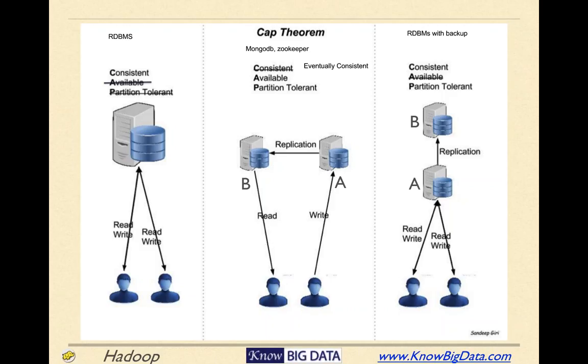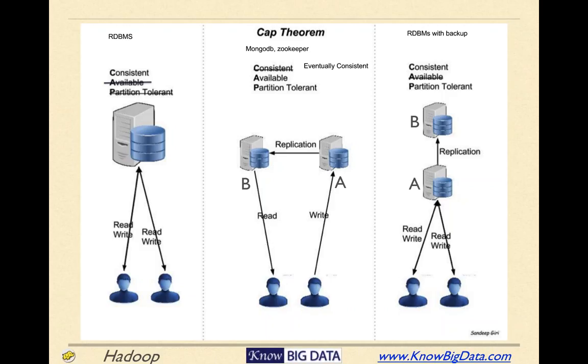This is the typical architecture of most of the NoSQLs. So what people did, let's say the people like MongoDB and others, what they did was they created multiple servers, say A and B. All the users will write to A and the data from A flows to B and all the users can also read from B. Okay, let me go again.